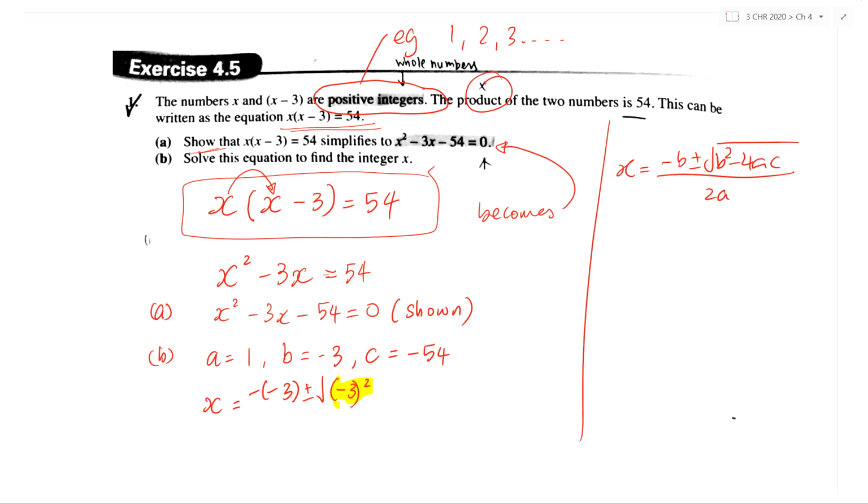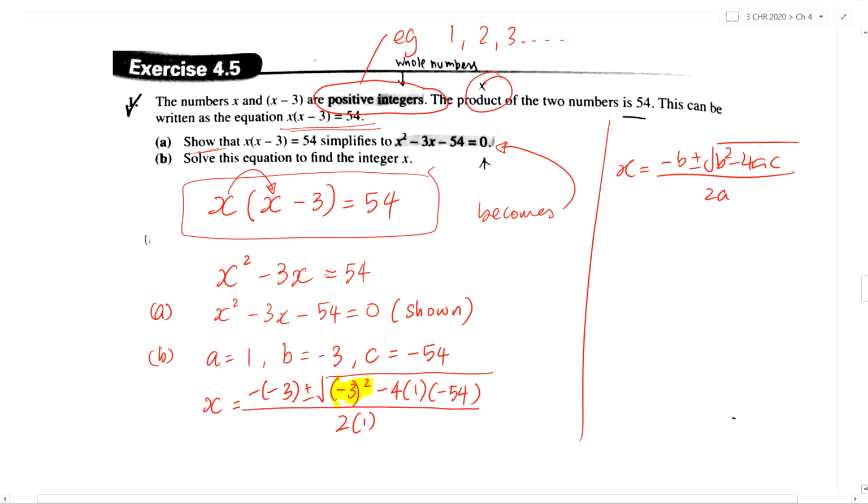It will now be a positive 9. You must have brackets here and here. Whenever you see the B appear, put brackets. That's the safest. Next, minus 4 times A. A is 1. C is negative 54. Close your square root, divided by 2 times A.